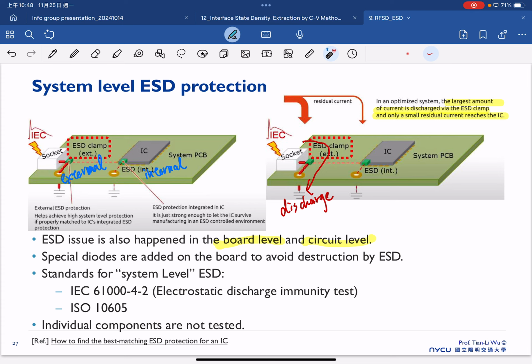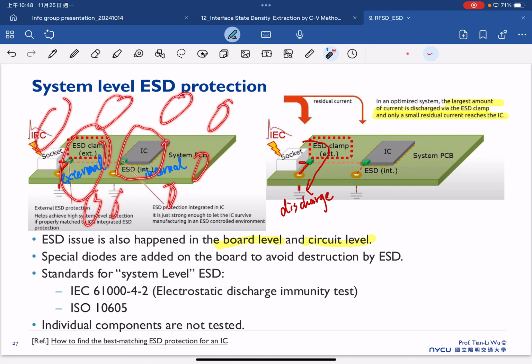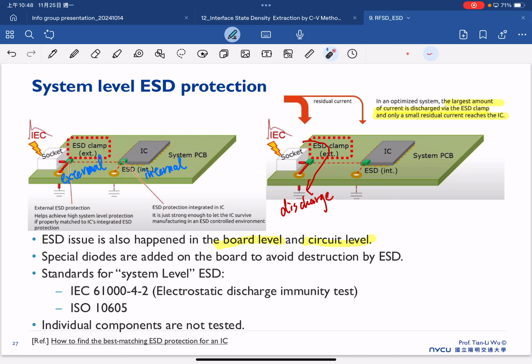If we put lots of ESD clamping protection nearby, we waste a lot of area and the cost is very high. So in the end the issue becomes how we can design the ESD clamping circuit versus area efficiency. We don't want so many, we only want several that are good enough.